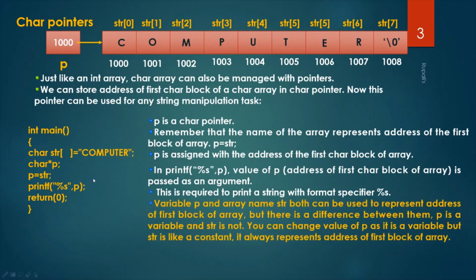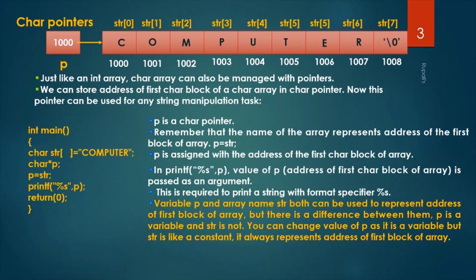Now one thing is very important. The variable P and the array name str both can be used to represent the address of the first block of the array. So what is the value of P? 1000. What is the value of str? Only the array name means the base address, that is also 1000. So P and str are the same, but there is some difference between them.